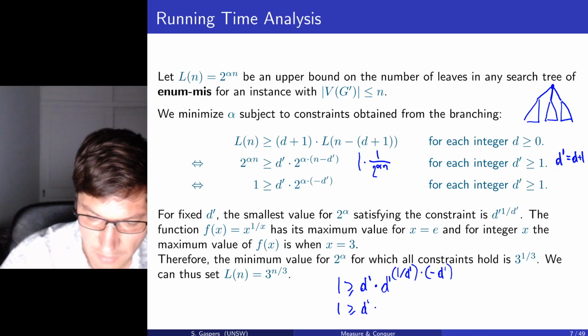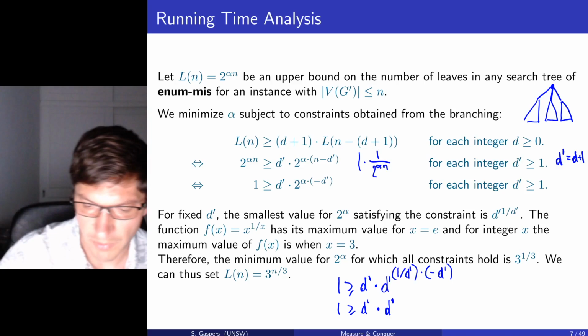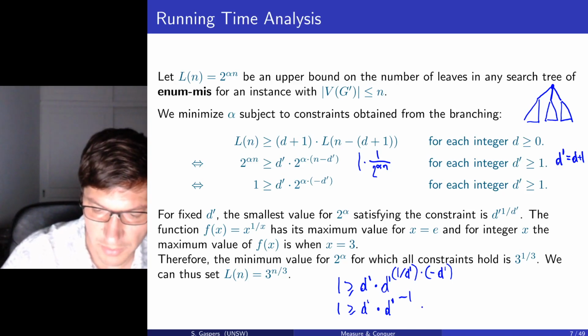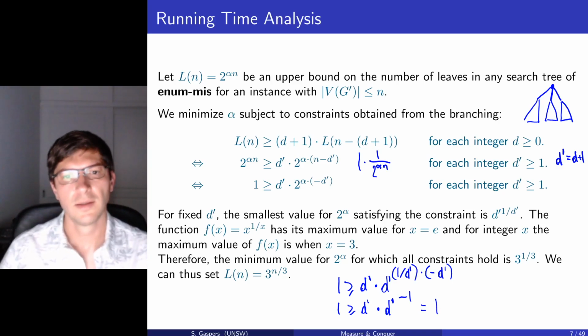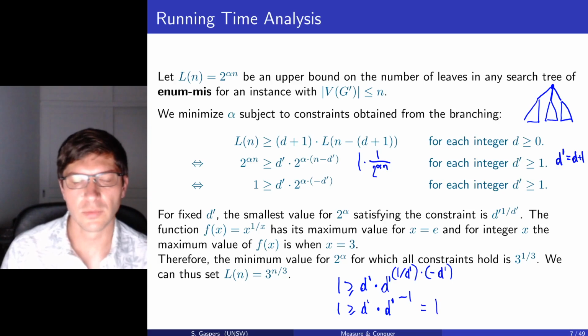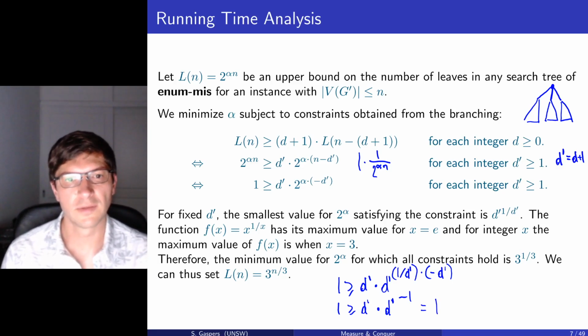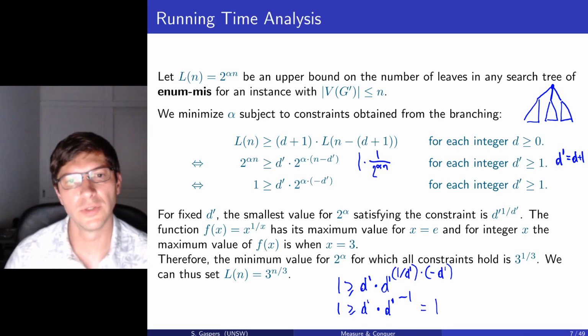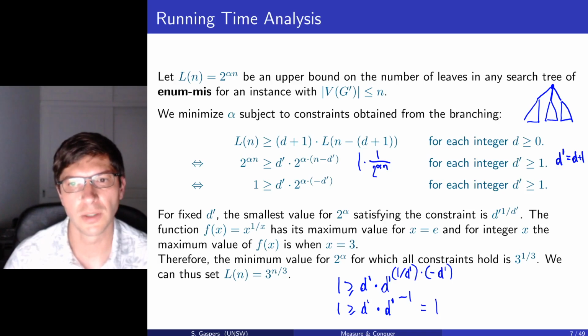So I get d prime times d prime to the power minus 1. And d prime times d prime to the power minus 1, that's of course 1. So 1 is at least 1, so indeed this constraint is satisfied. And so the smallest value for 2 to the power alpha satisfying the constraint is exactly d prime to the power 1 divided by d prime.